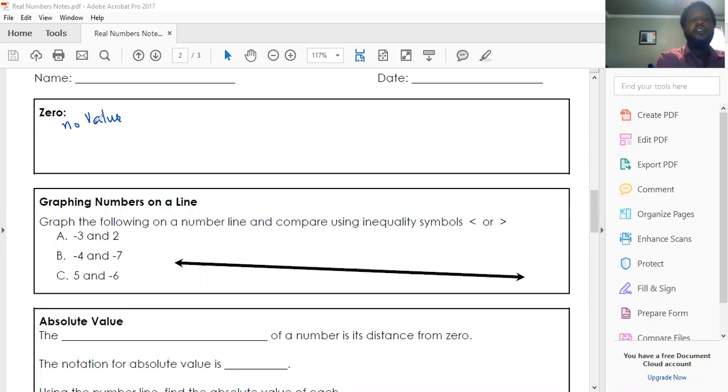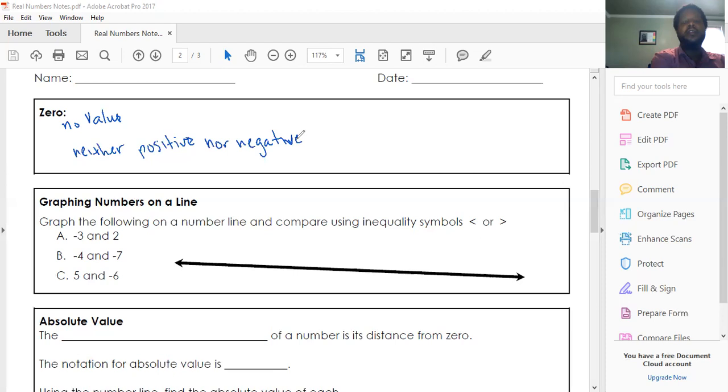So when you have 0, there's no value. Anything that's 0 is either free or there's no value associated with it, right? So 0 is neither positive nor negative.